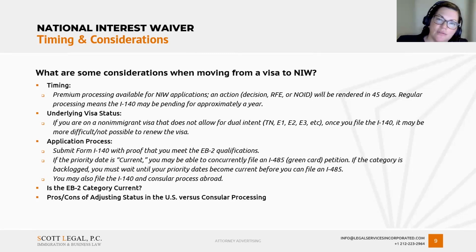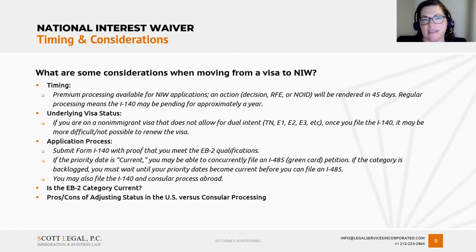Just because once you do file the immigrant petition, it can be more challenging to renew the non-immigrant petition because some non-immigrant petitions do require that you have that intent to return home. So something, for example, again, if you have that TN visa, this is a visa that doesn't allow for immigrant intent.